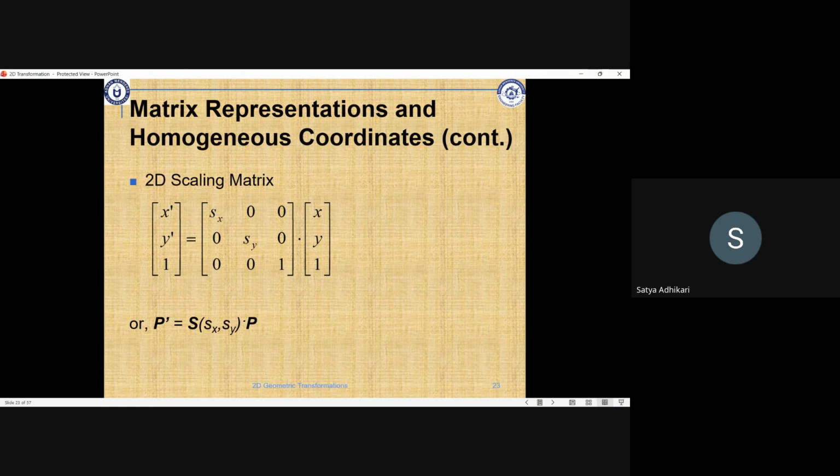Here I represent the same thing in a matrix of order 3, that is xh, yh, and h equal to 1. And the same formula is used, P dash equal to S dot P. If we multiply the two matrices S and P, you will get the new position x dash and y dash. So this is the representation of the scaling matrix, rotation matrix, and translation matrix in homogeneous coordinates.